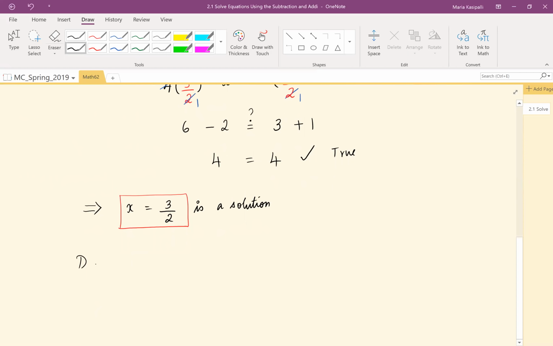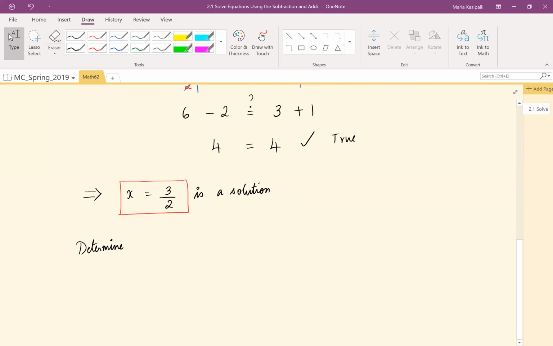Determine if y equals 7/5 is a solution of 5y plus 3 equals 10y minus 4.